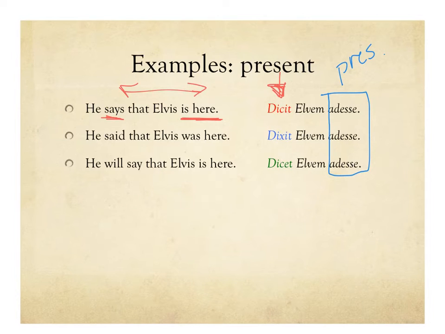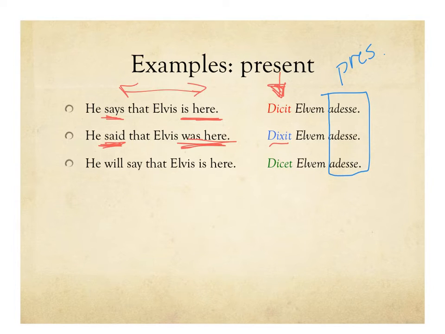But I could say dixit Elvem adesse. And this means that both of these things have happened in the past. He said yesterday that Elvis was here yesterday. These two things happened at the same time in the past.